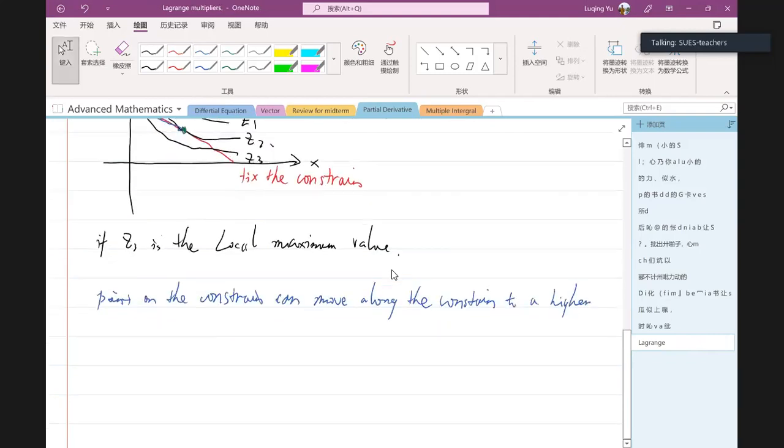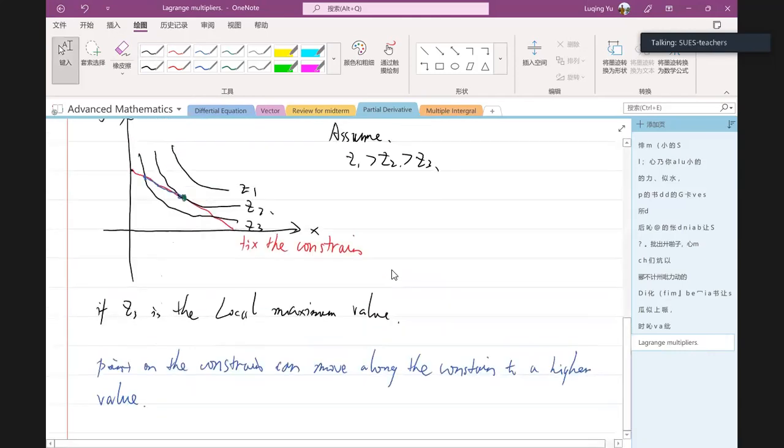They can move to a higher value. Did you see that? It can move along this constraint line from Z3 to Z2. So with this constraint, you can find something higher, which means the old point is not the constrained local maximum.